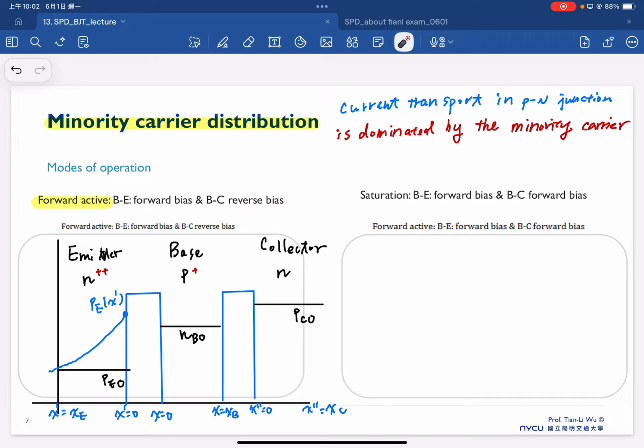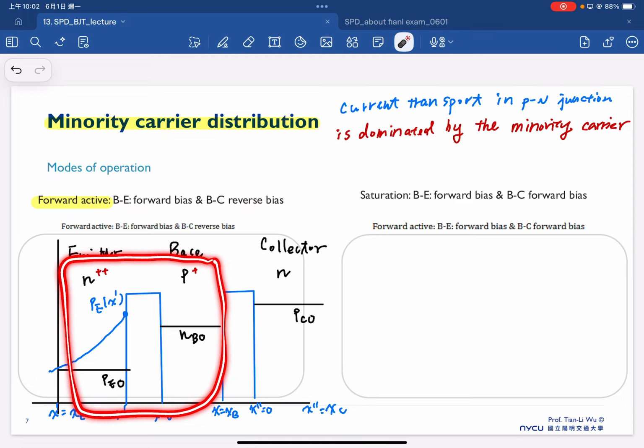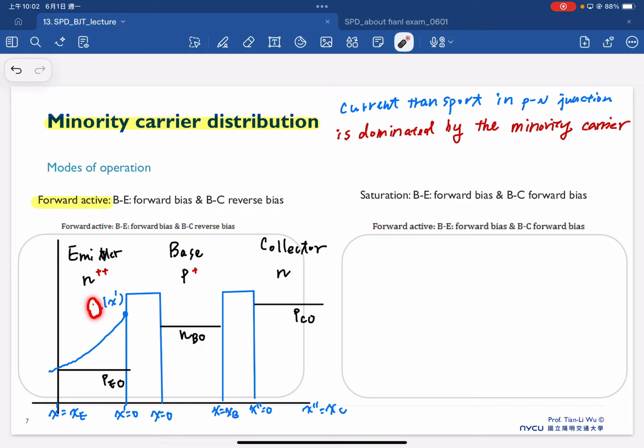So similarly, if you follow the same idea, this region is under the forward bias, and therefore the electrons are able to be injected and travel through to reach the base region.